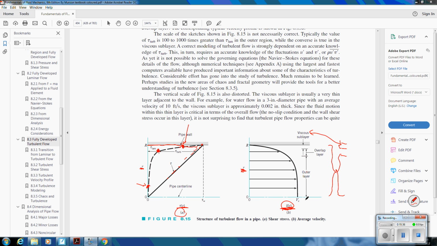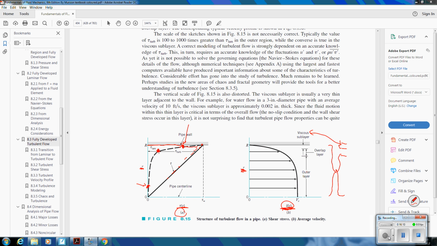So by looking at velocity and shear stress, we can break down this whole flow area in the radial direction into a viscous zone, an outer layer zone, which is dominated by the turbulent flow, and between these two, there is also a transition we call the overlap region or overlap layer. And you can see that velocity changes in the viscous layer much faster than towards the center line, right?